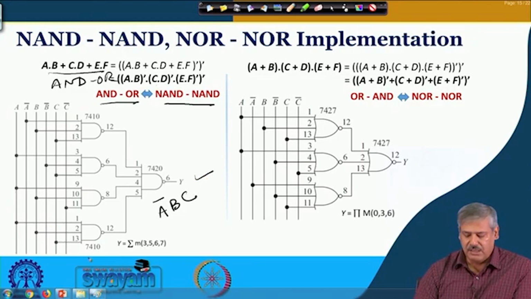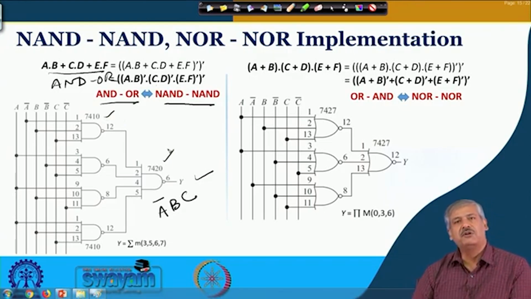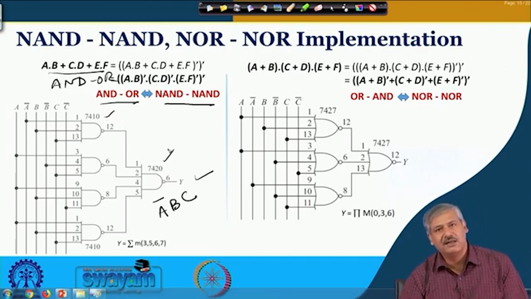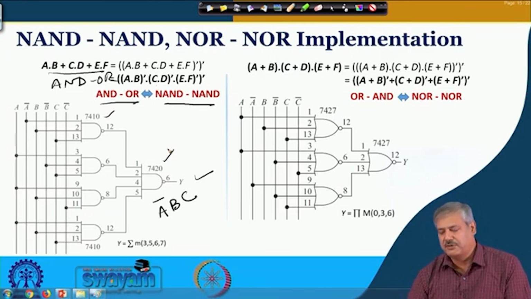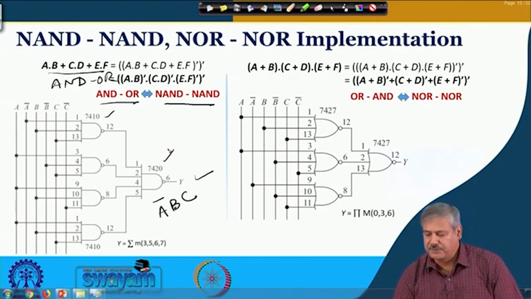And here in this example we are showing the corresponding IC numbers, the 3 input and 4 input ICs, 7410, 7420, and you remember for the 2 input NAND gate it is 7400. So, that we have seen before.